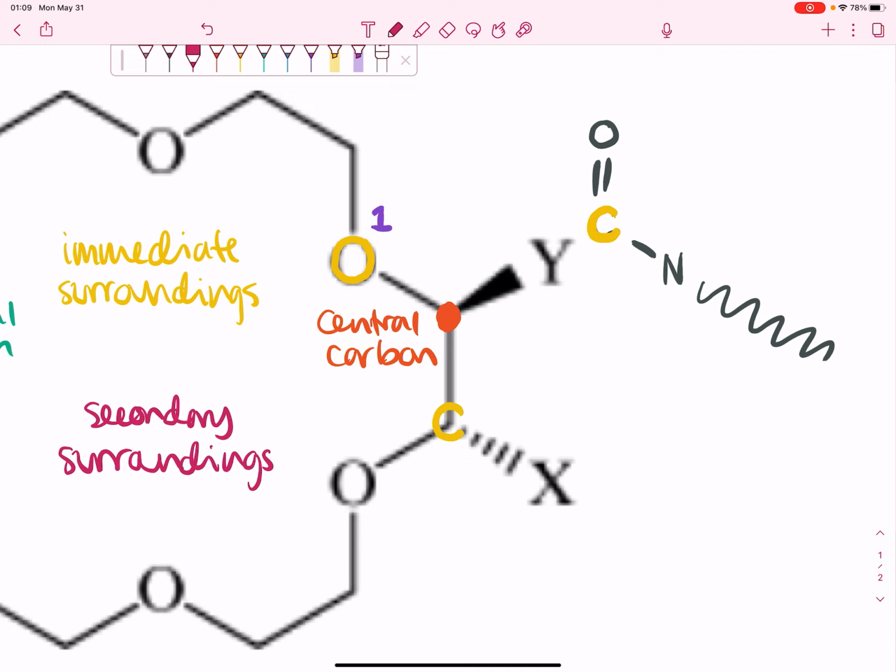On the amide, you again have this oxygen times 2 because of the double bond. Then you have the nitrogen.